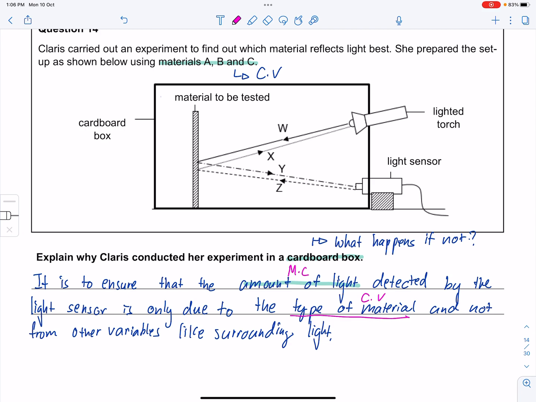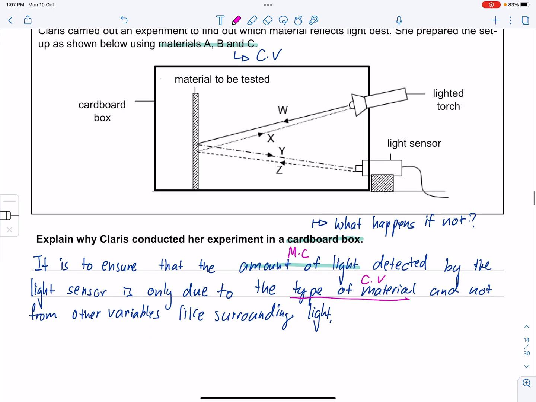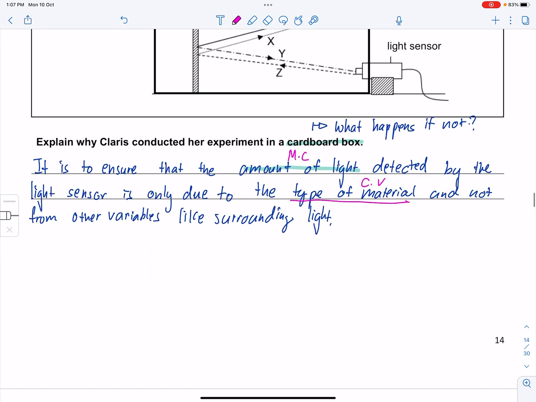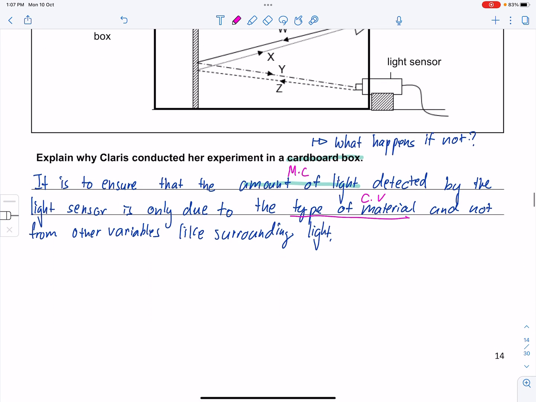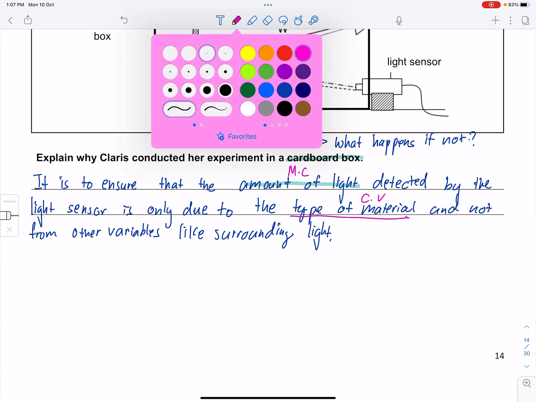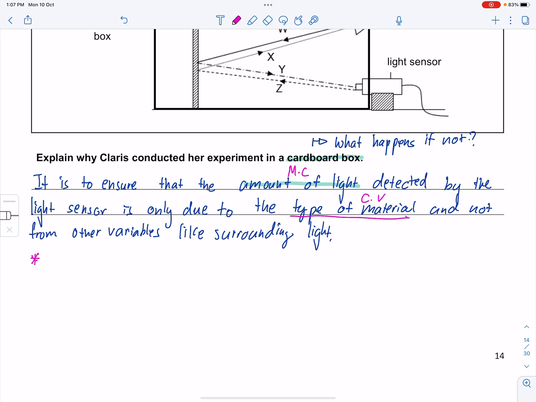If not, then you think about it, your data logger or your light sensor, the amount of light may not be directly from the material that reflects the light, but from your surroundings. Or there is a simpler answer, but I prefer the first one because the first one really fully explains it all.